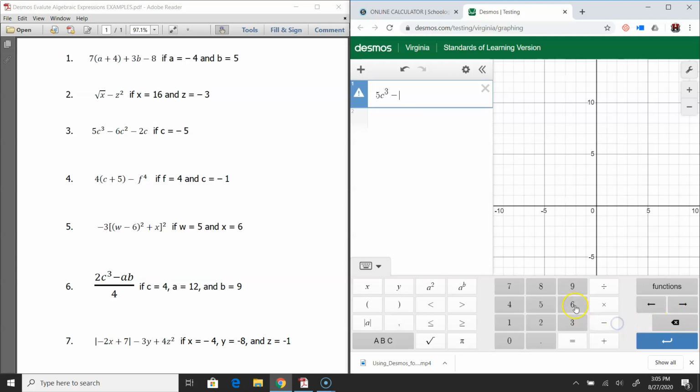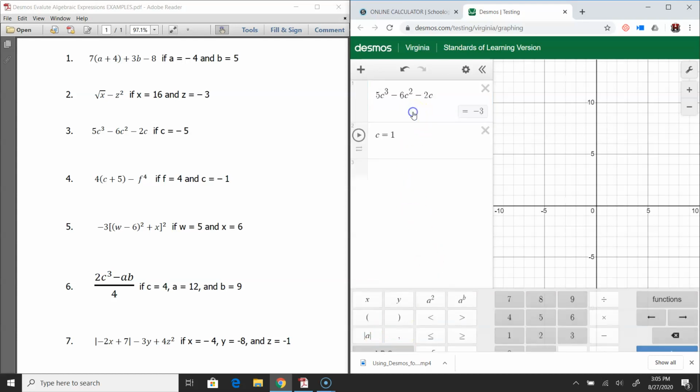And then we want to do minus 6c squared, and then we'll do minus 2c. I really do think it's going to be better for you all to use the computer keyboard to enter the letters. It's much easier than this ABC option down here, although you can do either.